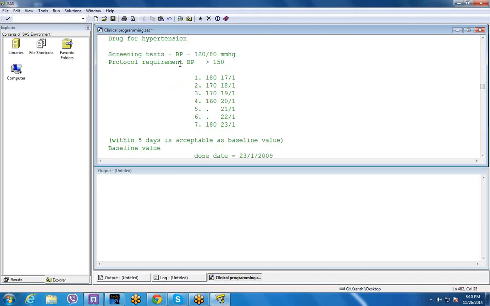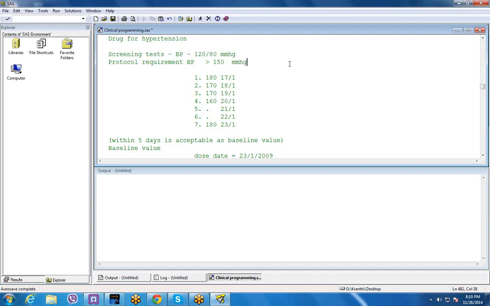According to the protocol, the subjects or patients who have blood pressure of more than 150 mm Hg are eligible to participate in the clinical trial. This is a protocol requirement. We call it the eligibility criteria in the protocol. They should have blood pressure of more than 150.